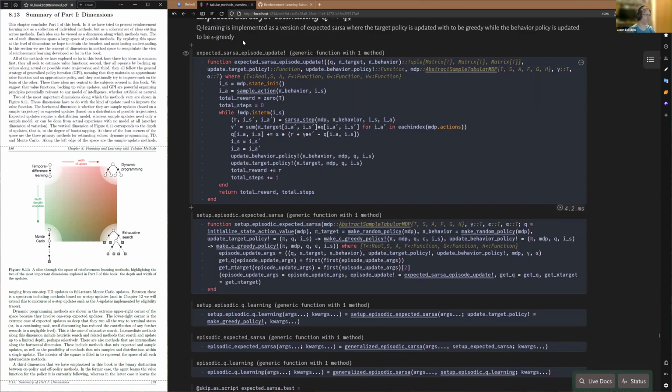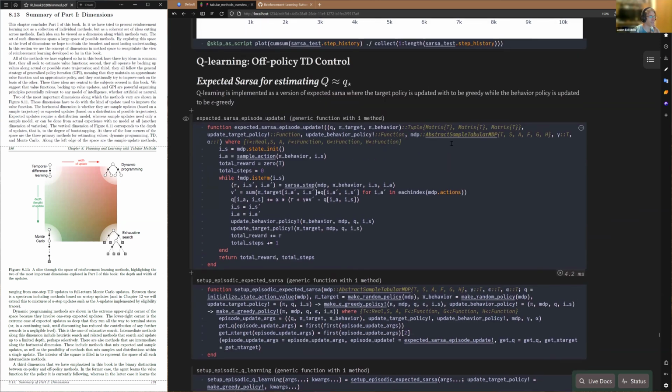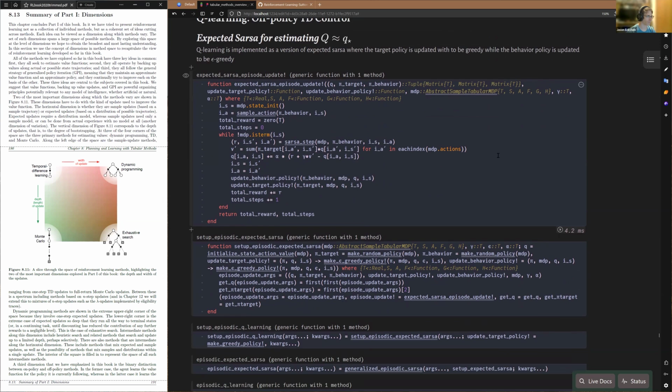So Q learning is just expected SARSA where the behavior policy is following the epsilon greedy policy, and the target policy is the greedy policy. And if you leave both the same, that would be the normal expected SARSA, which is just like normal SARSA, but it has lower variance in its updates.